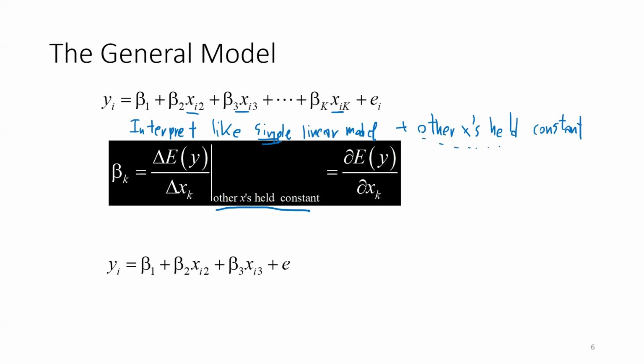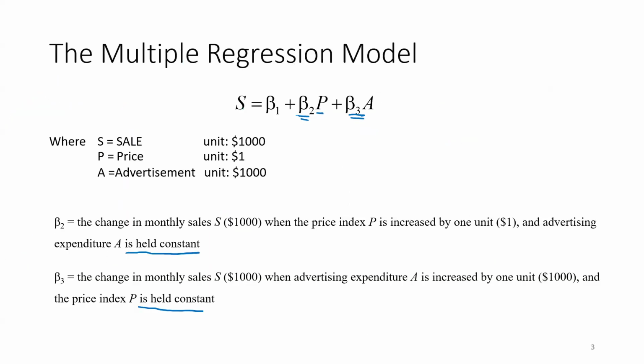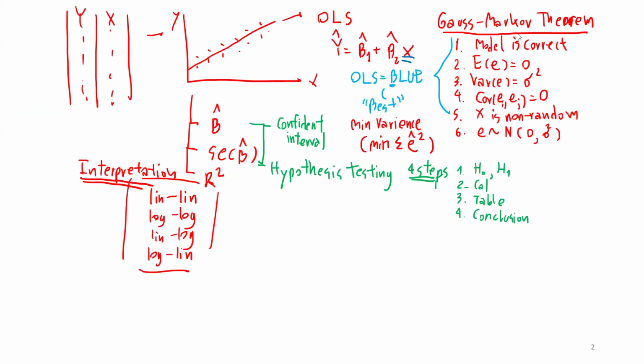Okay, we will later give you an example of how to interpret the multiple regression model. But let's see the Gauss-Markov theorem first. In the previous slide, I wrote that in the case of simple regression we have 6 rules.